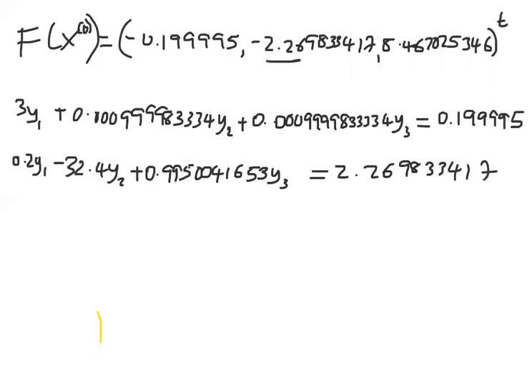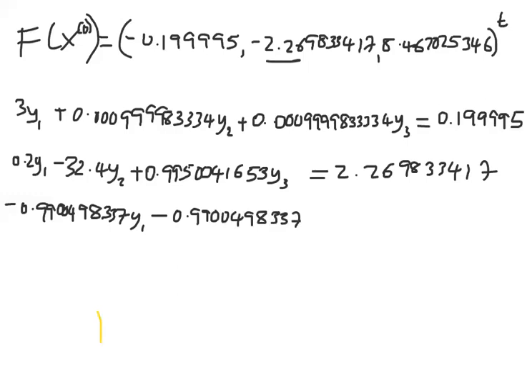And lastly, I'm going to get negative 0.9900498337y1, then minus 0.9900498337y2, then plus 20y3, and this should be equal to the negative of this value.